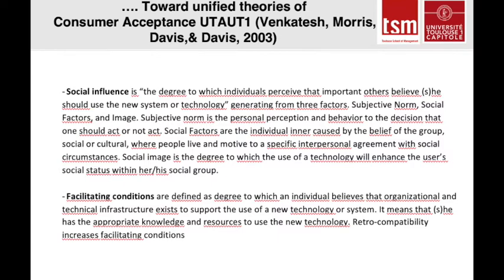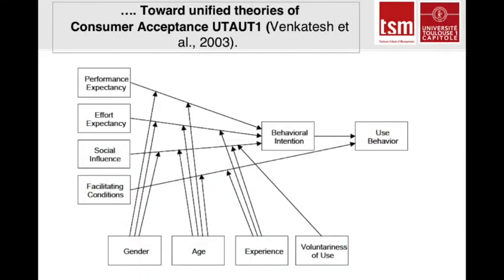Retrocompatibility increases facilitating conditions. In the UTAUT1 model, gender, age, experience, and voluntariness of use are posited to moderate the impact of the 4 key constructs on usage, intention, and behavior.